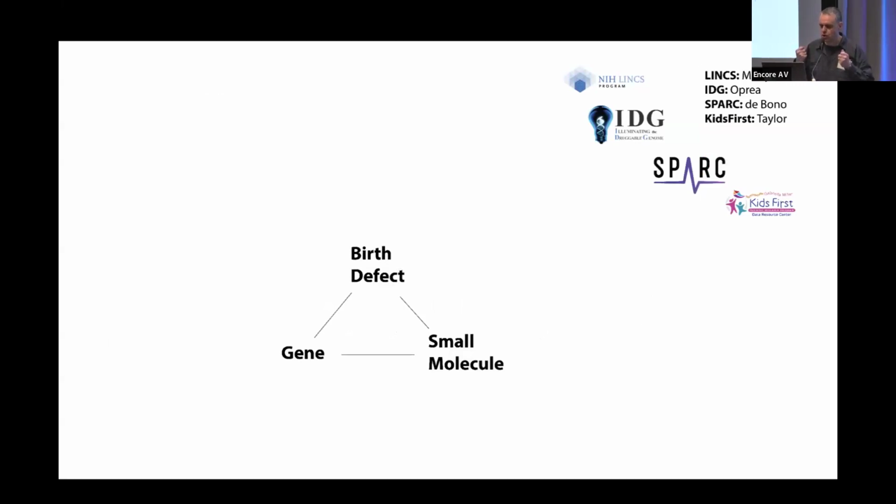So we wanted to show how we can essentially generate new hypotheses for potential mechanisms of teratogenesis. So we wanted to generate a knowledge graph that provides these islands, these cliques, these trifecta of evidence where a birth defect is independently associated with a gene, a small molecule is independently associated with a birth defect, and the small molecule and the gene or the gene product are known to interact.